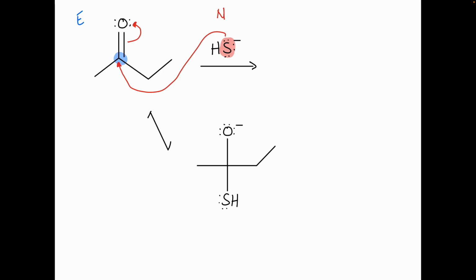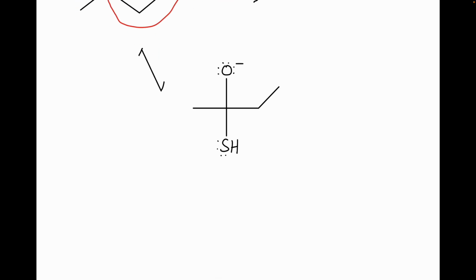My carbonyl, when it started out here, was sp2 hybridized, meaning it was this trigonal planar geometry. Over here, now that it has 4 bonds, what's the hybridization on that carbon? sp3, which means it adopts a tetrahedral geometry.